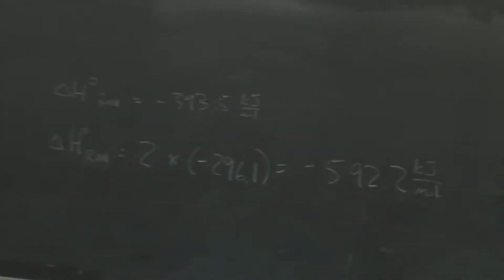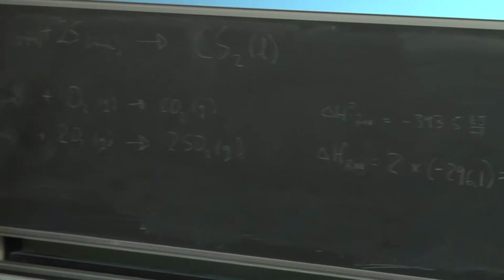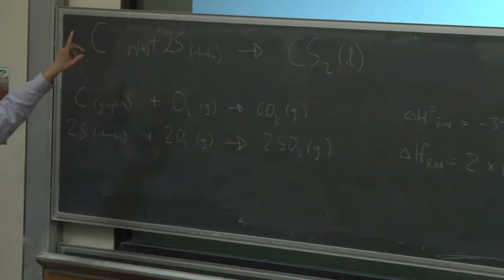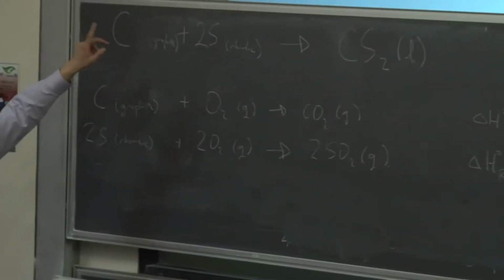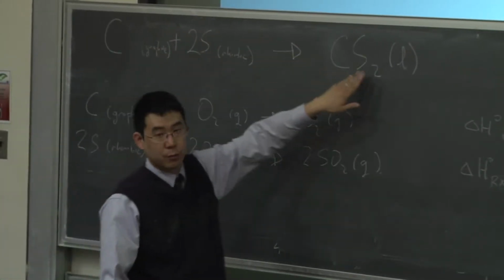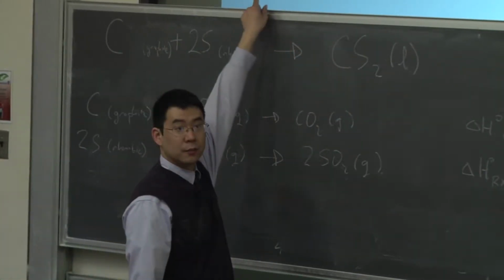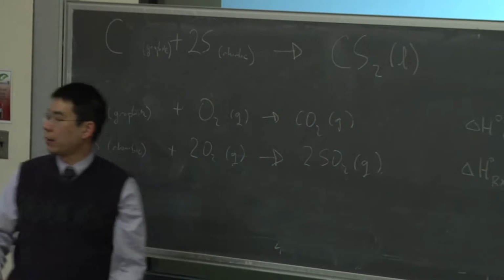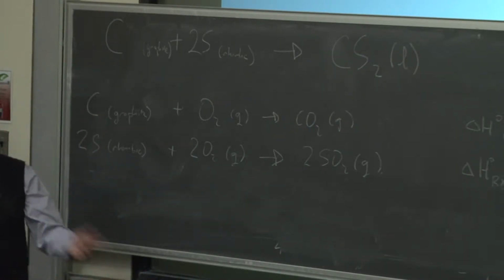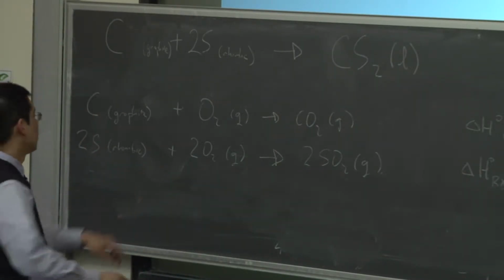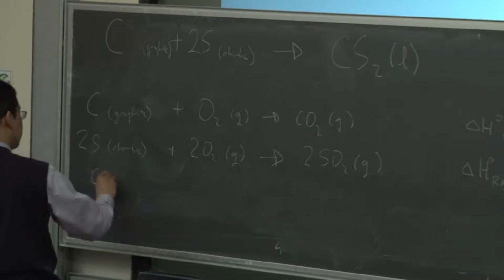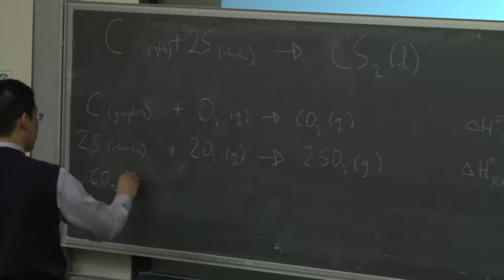And then for the third reaction, I've got my CS2. I need CS2, but it's in the wrong place. Right? In the final reaction, it's a product. Here, it's a reactant. So what do I do when I have the reactants and products mixed up? I'm going to reverse the reaction. So I'm going to get CO2, and if you're paying attention, you're going to see the magic happen now. Right?